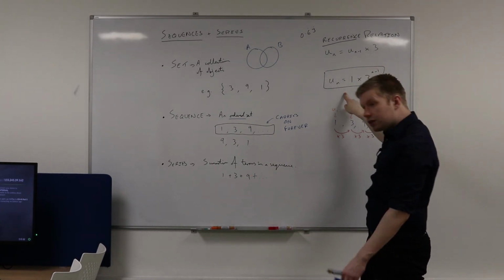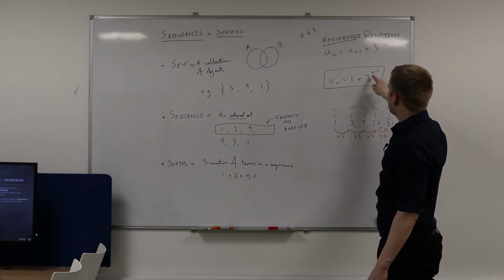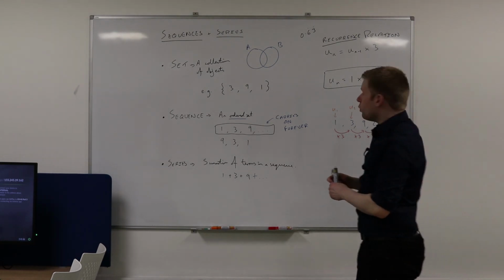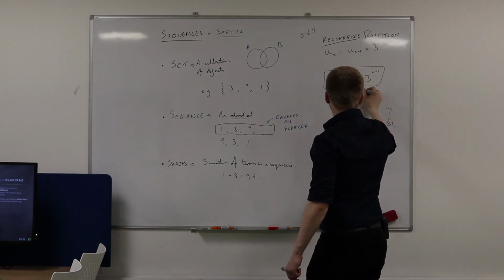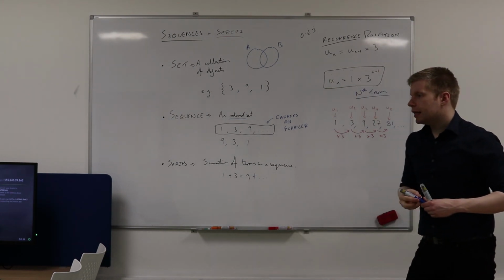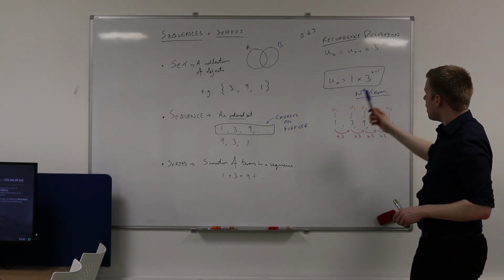Or if I want to use this formula to find the 100th term, I take 1 and multiply by 3, 99 times, 100 minus 1. So what I would call this is my nth term. It literally says, find me any term you like in this sequence. So it's my nth term formula.